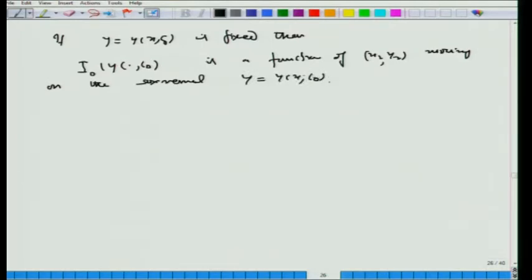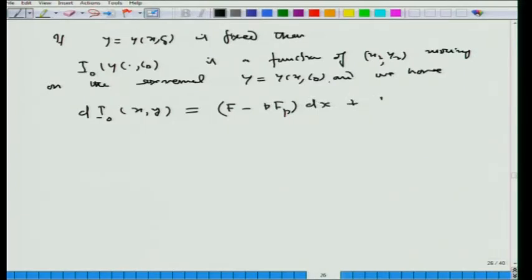And we have seen that this dI0 at, let us say, (x2, y2), which we write as a general (x, y) moving on the extremal, is actually (f minus p f_p) evaluated at the general point (x, y) dx plus f_p dy.